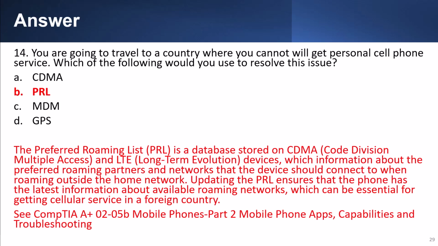The Preferred Roaming List, or PRL, is a database stored on CDMA and LTE devices, which has information about preferred roaming partners and networks that the device should connect to when roaming outside the home network. Updating the PRL ensures that the phone has the latest information about available roaming networks, which can be essential for getting cellular service in a foreign country.